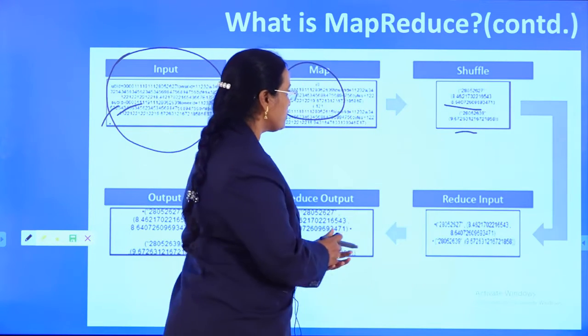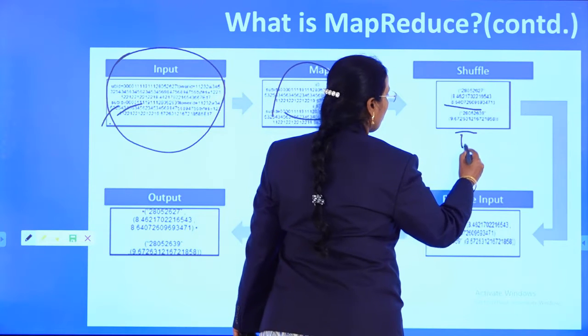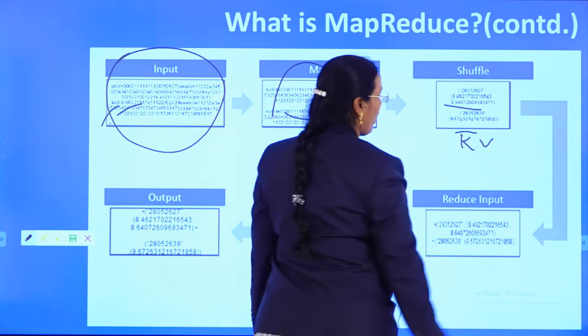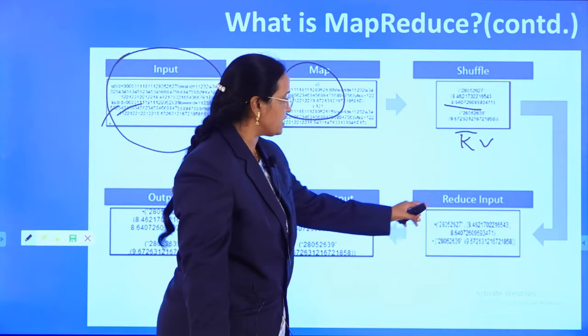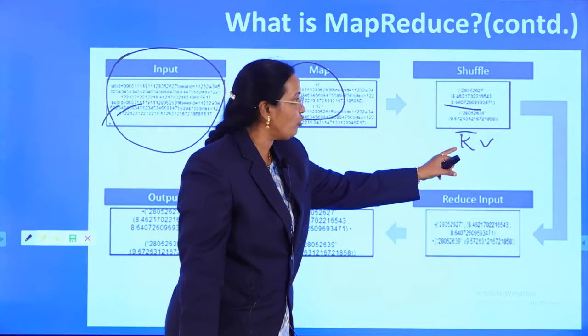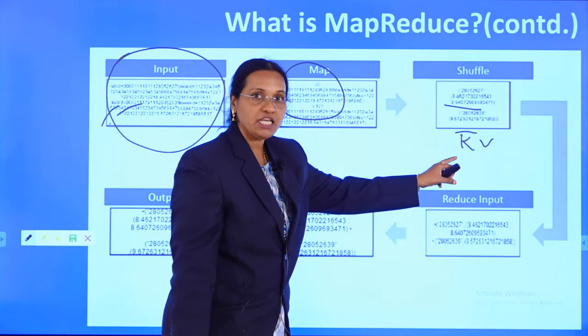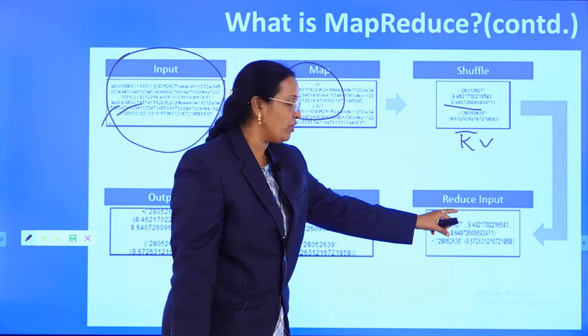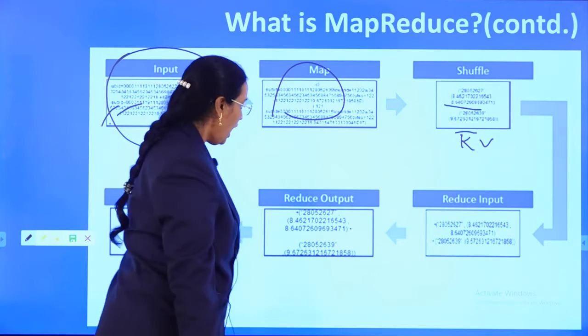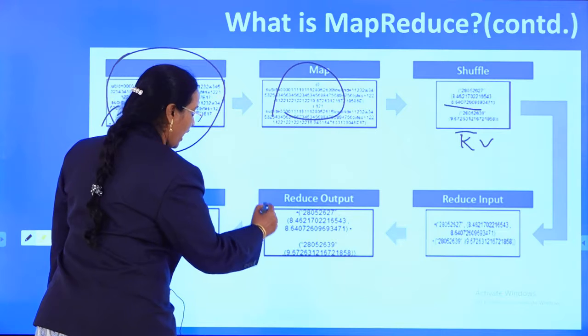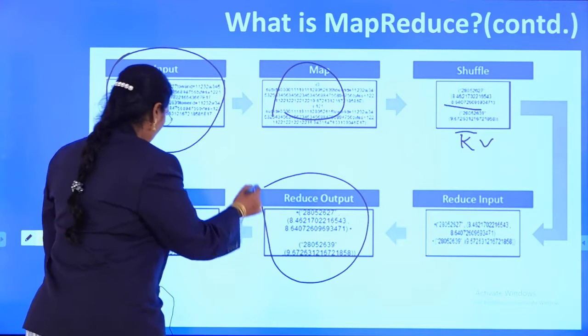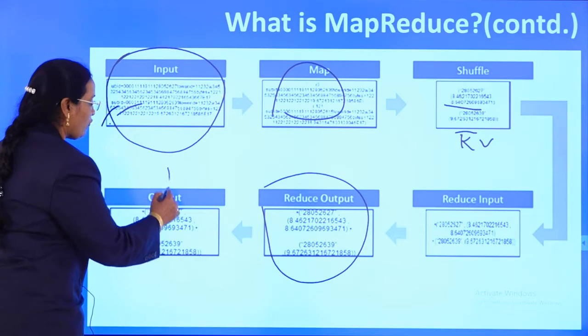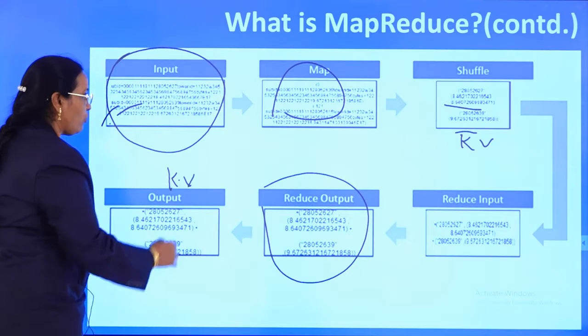During this shuffling, key value pairs will be generated, and these key value pairs are given as the output by the mapper. This key value pair is the input for the reducer, and the reducer performs the aggregation here, and the final output is also in the form of a key value pair only.